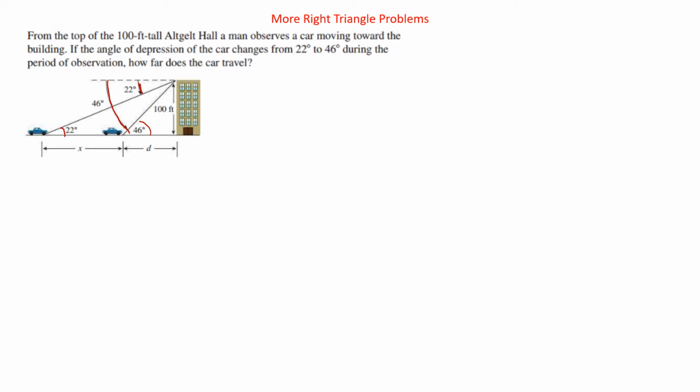The first one, we actually look at the small triangle. So again, we have an opposite side and an adjacent side. So the tangent of 46 degrees is going to equal 100 over d. That's 1, and we can solve that the exact same way that we solved the last one.